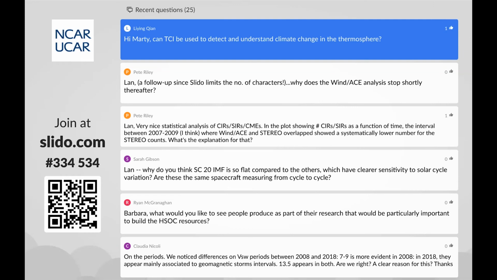Okay, thanks. And I'm sorry, my connection timed out and I came back in just now, so I may have missed something. But the question about using the TCI for understanding climate change, the short answer is no. It can't be, because the TCI is the energy output from the system, and the energy output can only be what the energy input is to the system.